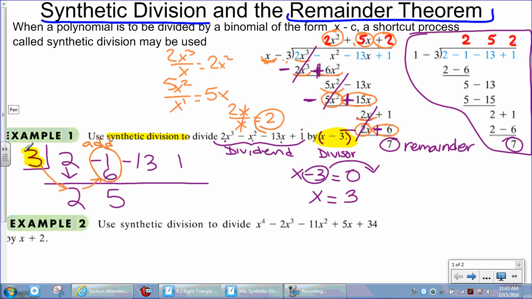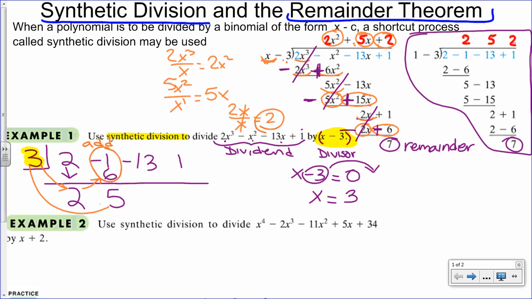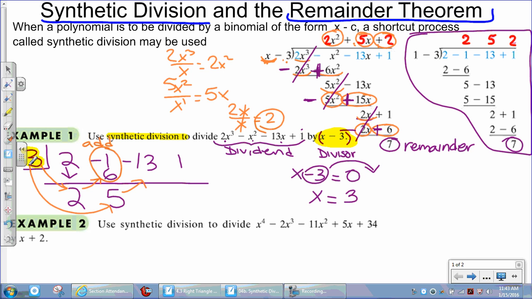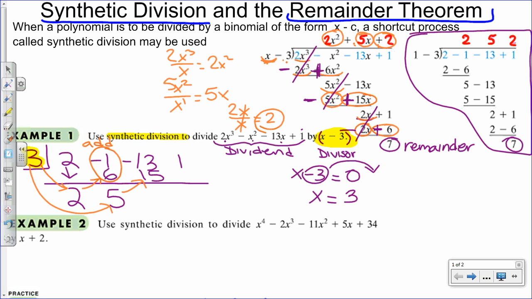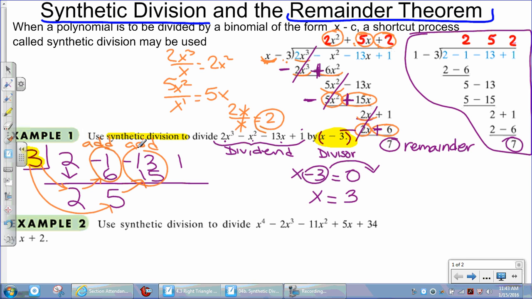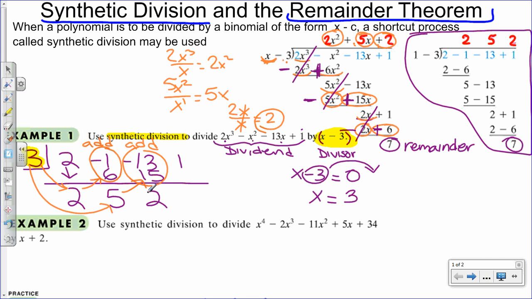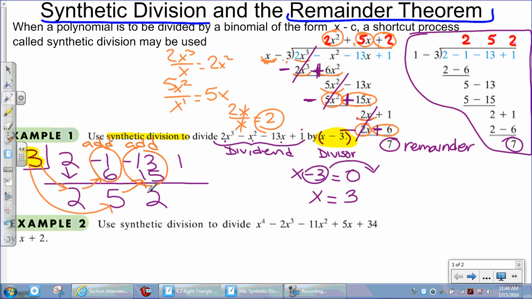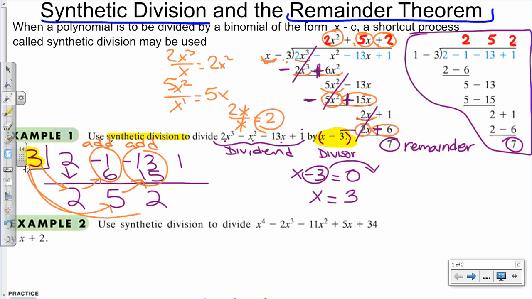So now we're going to multiply the same 3 times 5, and it goes here. And so that is equal to 15, positive. And then we add negative 13 plus 15, and that is going to give me a 2. And then lastly, we take 3 multiplied by 2, write it down here, and that is 6.